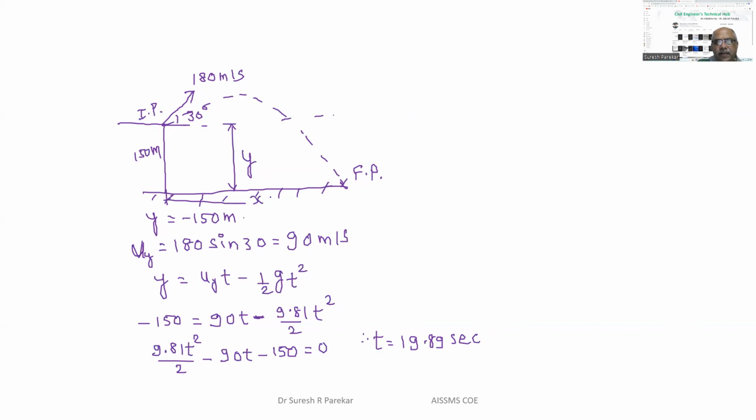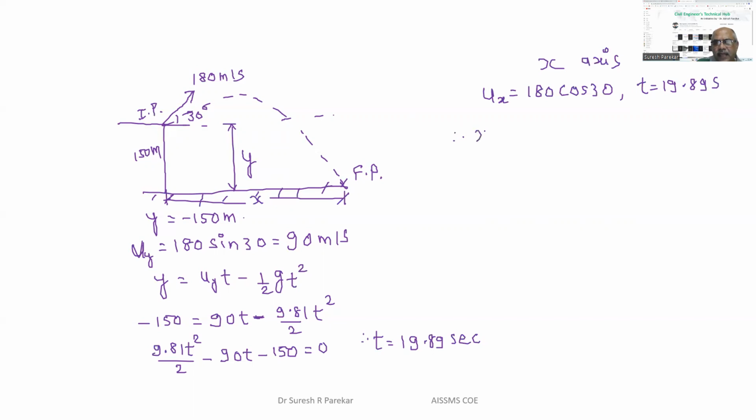And now we have second, horizontal distance between these. So we have, this will be from the point of gun. And therefore we have, in x direction, ux equal to 180 cos 30. And now t we have 19.89 seconds.